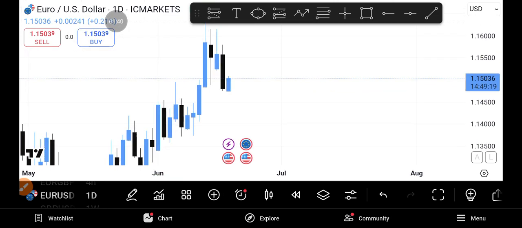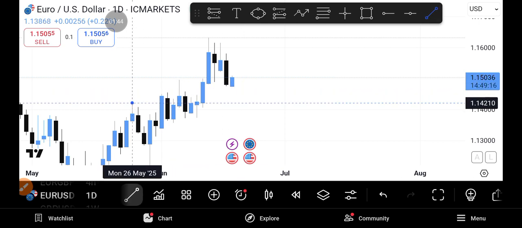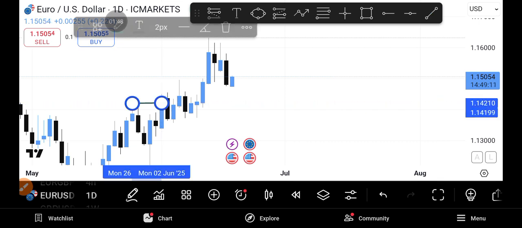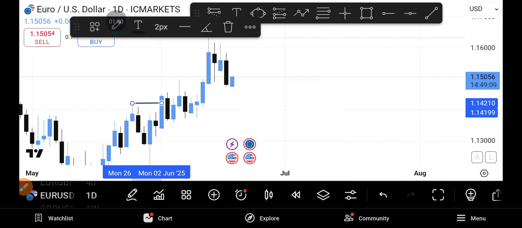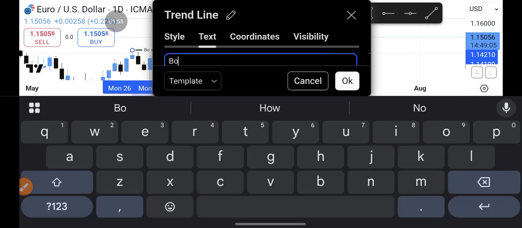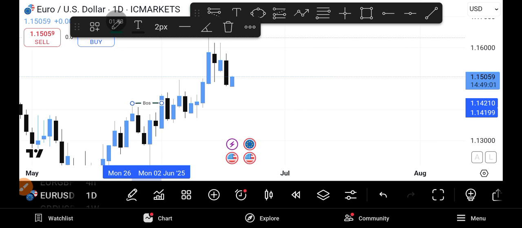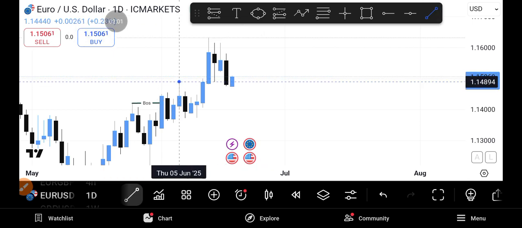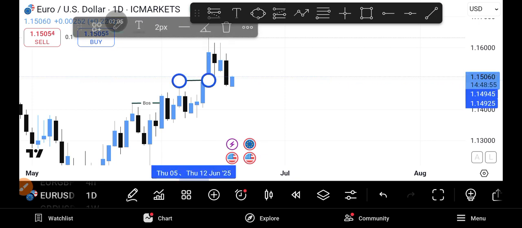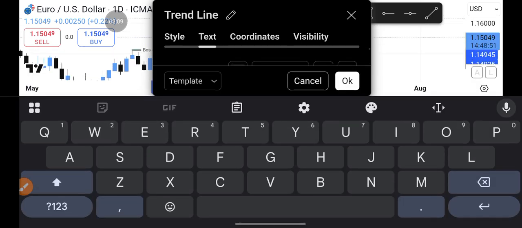I don't need to mark everything, but let me show you. Let me start from this zone. This is a break of structure. Another break of structure.